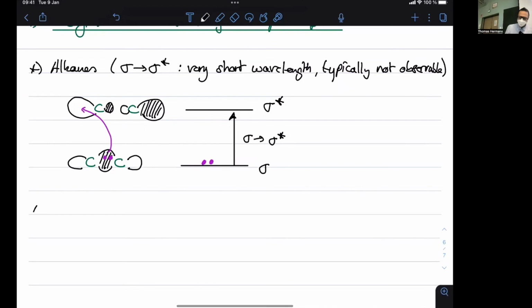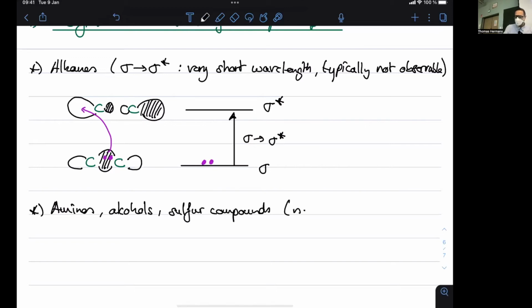So for amines, alcohols, or sulfur compounds, we're looking at n to sigma star transitions, typically 175 to 220 nanometers.